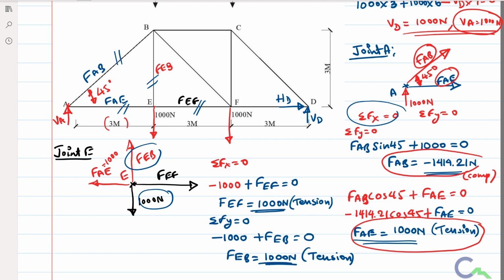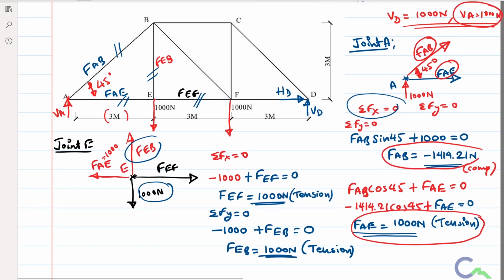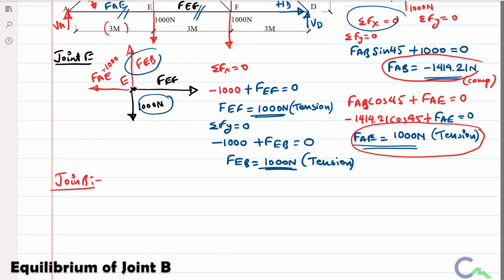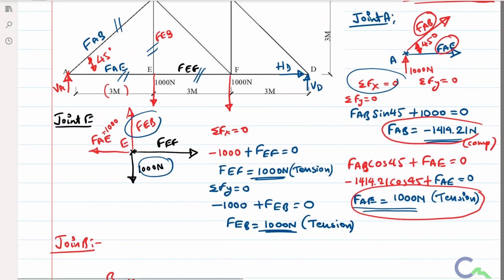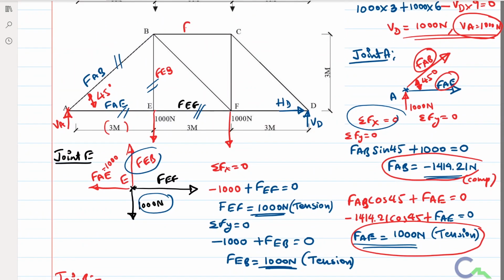So I will consider that joint. I will draw the free body diagram at joint B. Joint B, I will take that point B. So we have FBC. So this is the force.